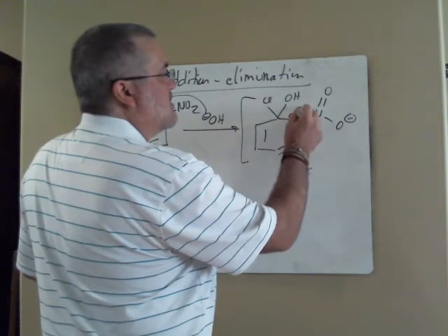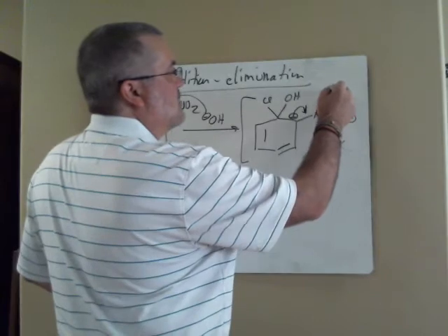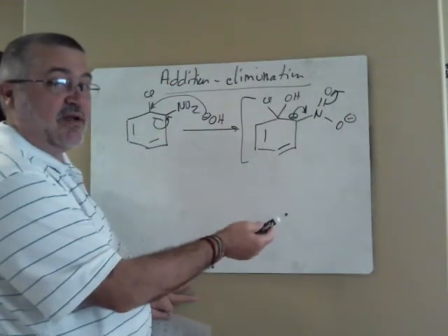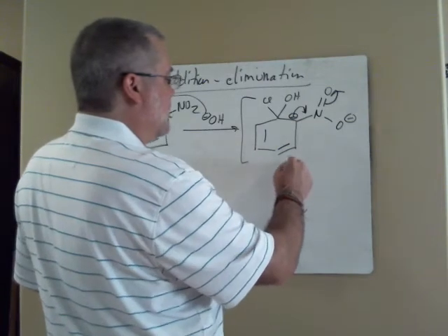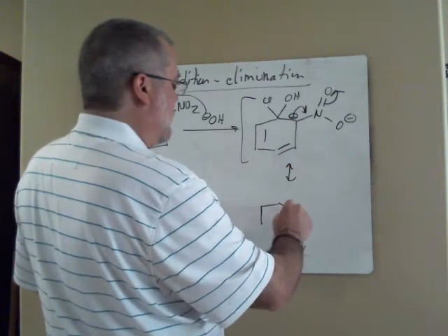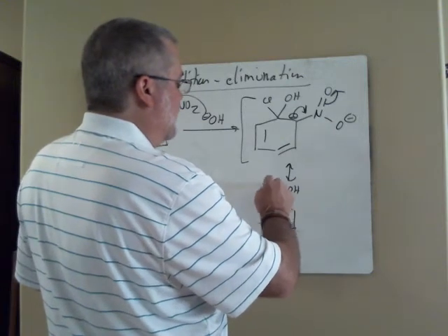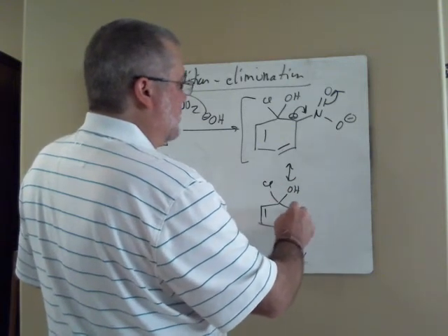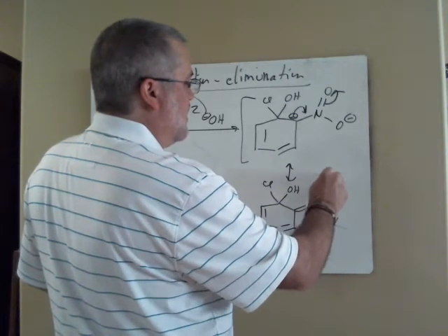Because I can imagine moving these electrons out towards the nitrogen and kicking these out. Remember when we did this with electrophilic aromatic substitution? And that's going to result in another resonance form, where I'm able to resonate the electrons from the minus charge out into that nitro substituent.